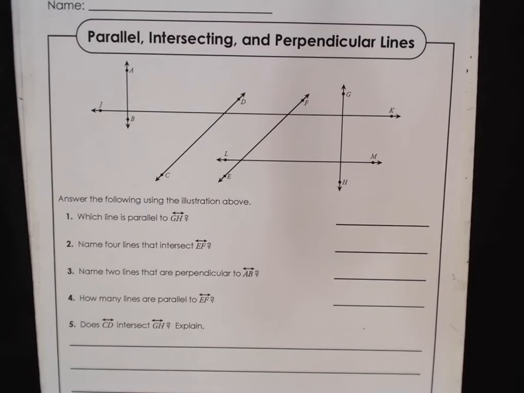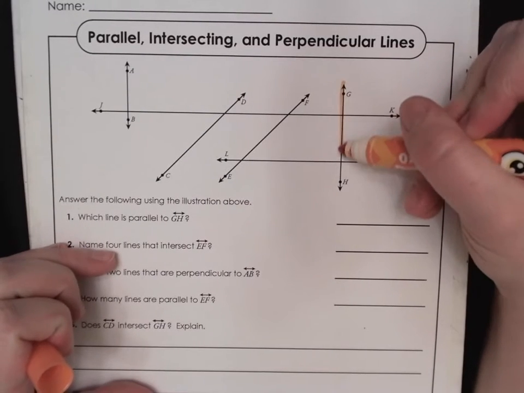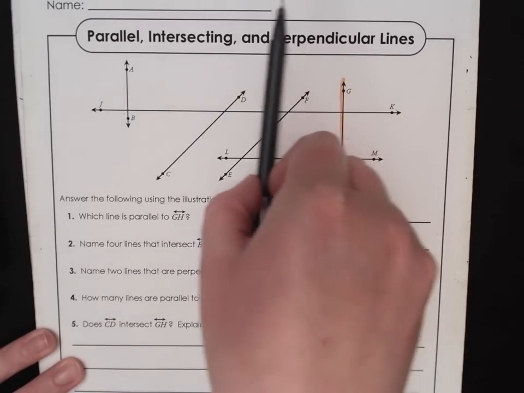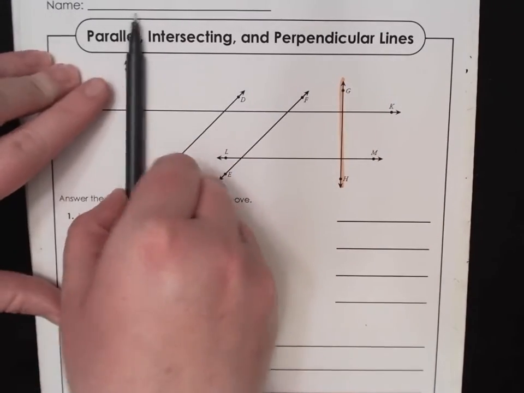Line GH is right here. So it's that vertical line that's going up and down. And I'm looking for something that is parallel to this line right here. Well, parallel means it has to be evenly spaced, and it's never going to touch. So I'm just going to drag my pen this way, and I land on line AB.